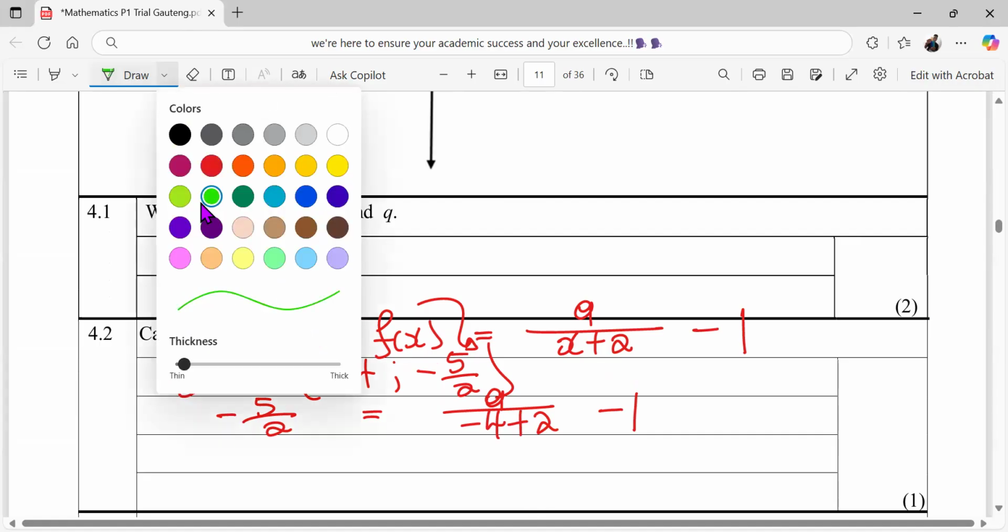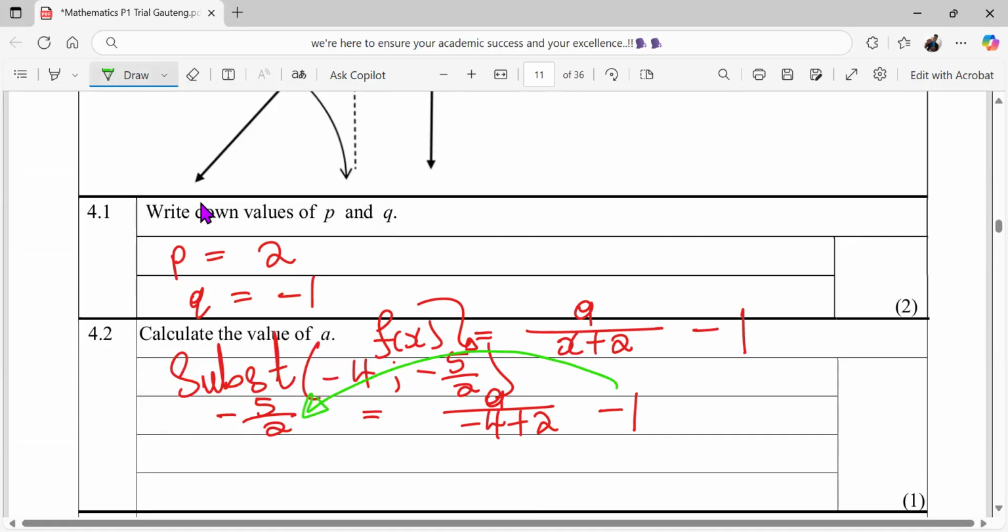So the first thing we'll do here is to take -1 to the other side, and it becomes positive. And when you say -2.5 plus 1, you actually get -1.5.